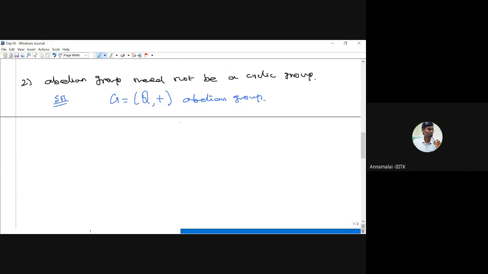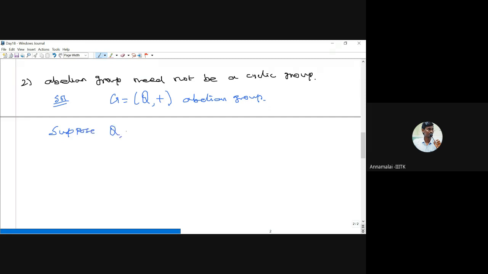Why is it not a cyclic group? Suppose Q under addition is a cyclic group, then what will happen? Cyclic means the group is generated by a single element, and that element comes from the set. So there is an element in Q, and we know that every element of Q is of the form m by n.